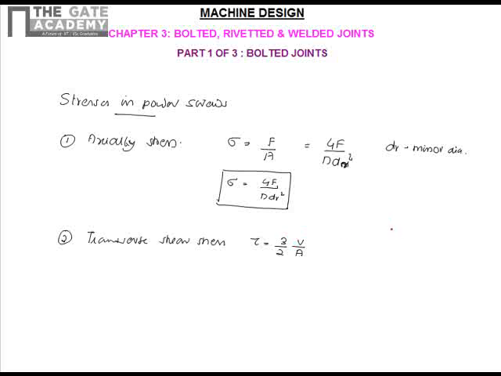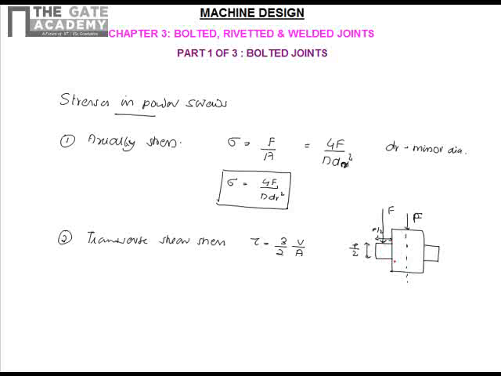That is, when you have a power screw like this with a thread here, where this distance is P by 2 and this distance is P by 2, and this is the load F. This F will be acting in this portion, and it will cause a bending about the central axis. And because of this bending, there will be a shear stress distribution in this portion of the thread.